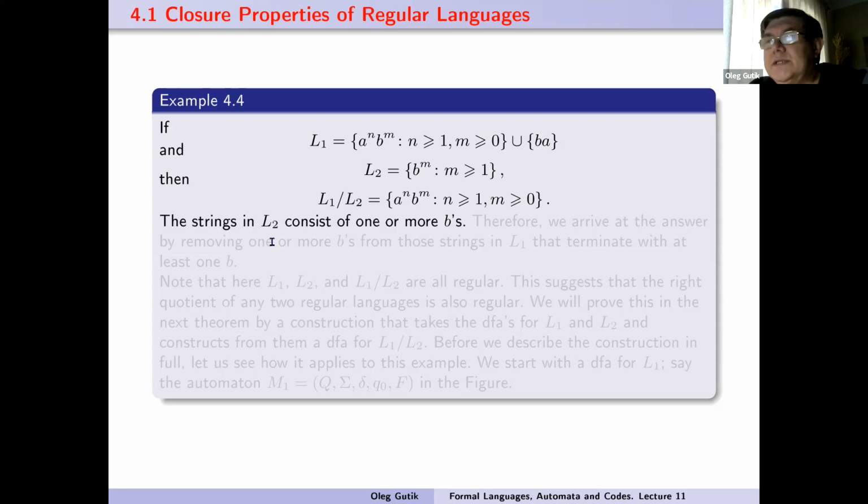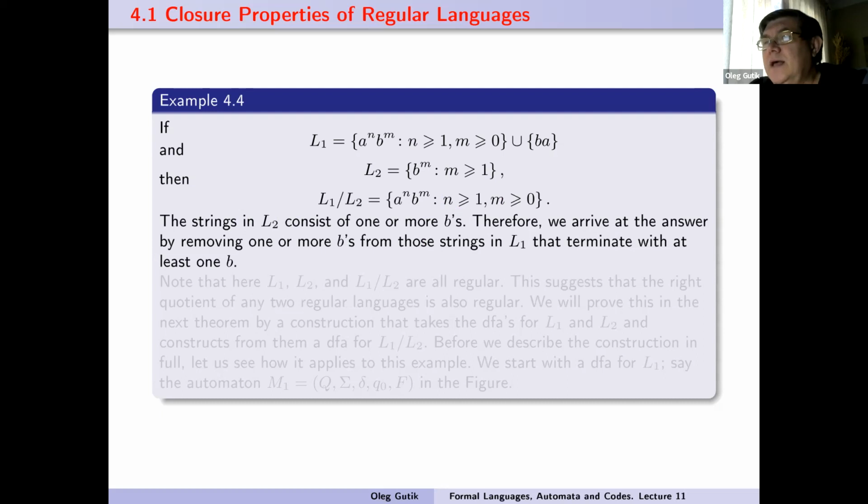The strings of the language L2 consist of one or more symbols b. Therefore, we arrive at the answer by removing one or more symbols b from the strings in the language L1. Those strings should terminate with at least one b.